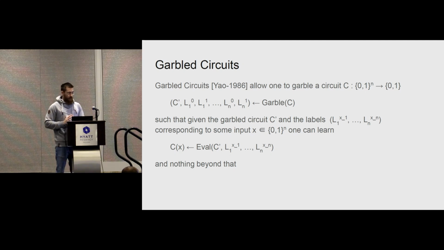Now, if I'm given a garbled circuit C prime, together with a set of labels corresponding to an input, so I'm taking L_i to the power of x_i, that means I'm choosing the label corresponding to the ith bit of x. If I'm given only those labels and the scrambled circuit C prime, then I'm able to learn C of x, so the output of the circuit, but nothing beyond that. This is a very useful concept. Good, so let's fix this in mind.